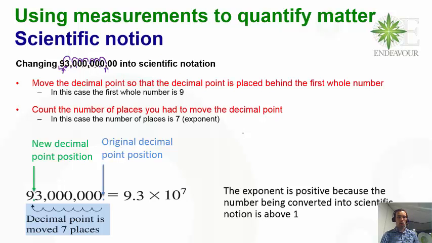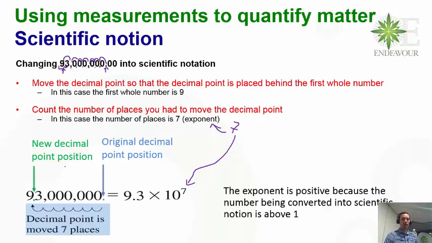So that means we have the number 7, and that number 7 becomes our exponent, the number that we raise to the power of. So we have times 10, and that 7 becomes the number up the top here.